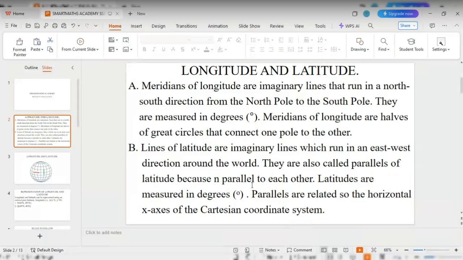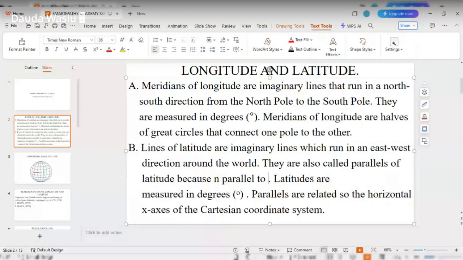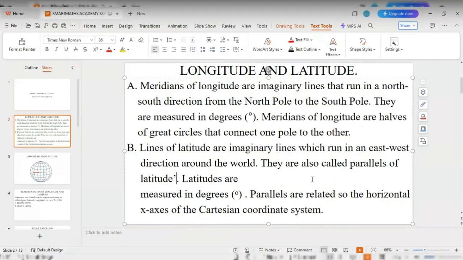They are also called the lines of parallels of latitude. So that's all. Latitude is measured in degrees as well.